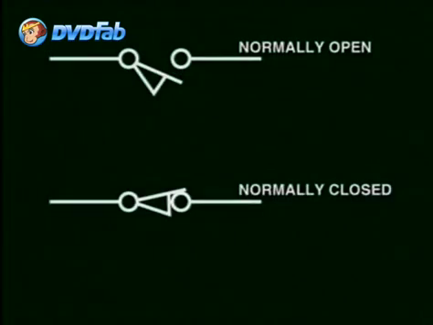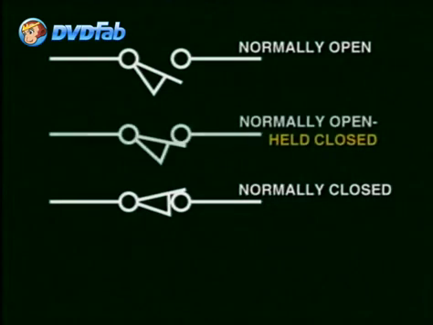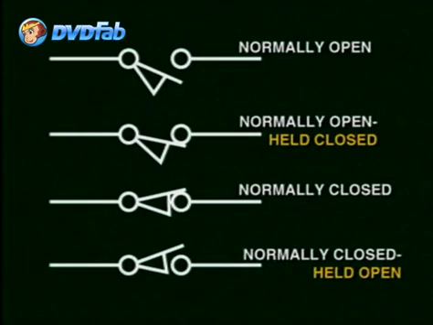In motion detection and control, you'll also find two derivative symbols of the standard normally open and normally closed limit switches. These are the normally open held closed and the normally closed held open limit switches. These symbol representations are essentially the same as the standard normally open or closed, but for the electrical ladder diagram, they represent a specific condition for the machine.